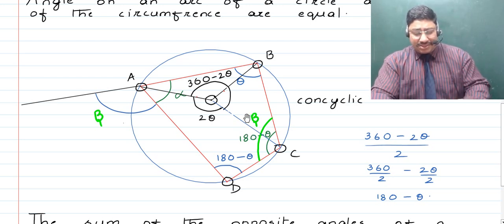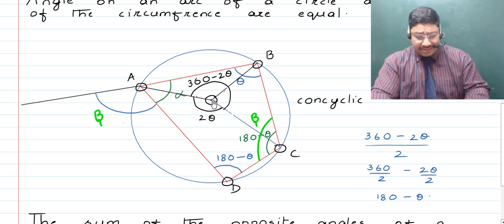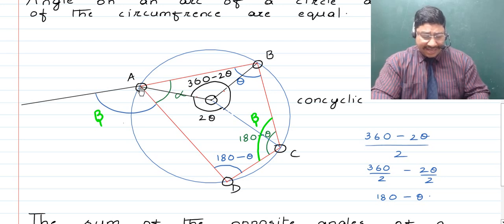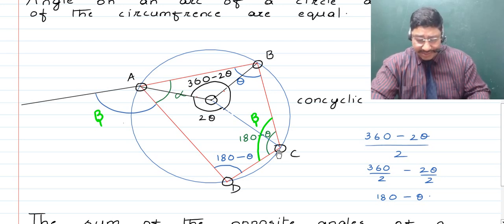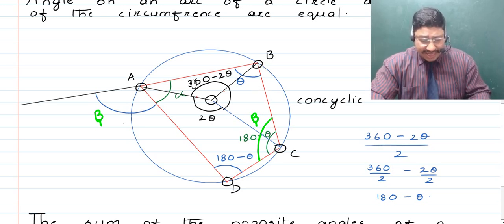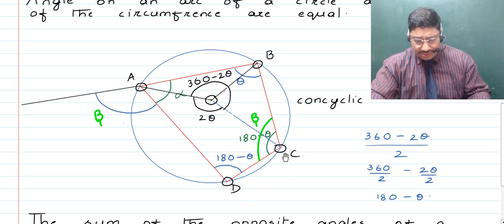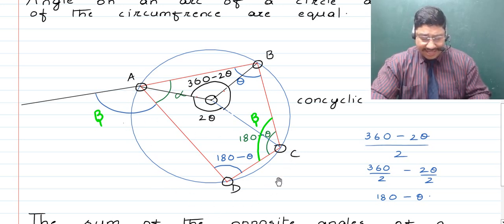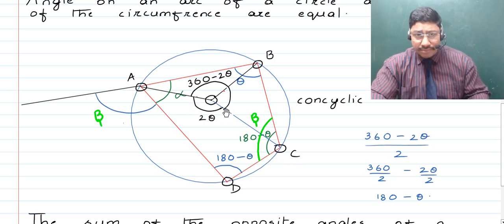So this stands proved. I'll just quickly discuss this once more. What I said was that if we have the center of the circle to be here, let's now join it with two vertices of the cyclic quadrilateral, one being A and the other C. Now we are talking about an angle theta which is getting formed on the ADC segment of the circle. So obviously on the segment ADC, at the center, an angle 2 theta will be formed, right?